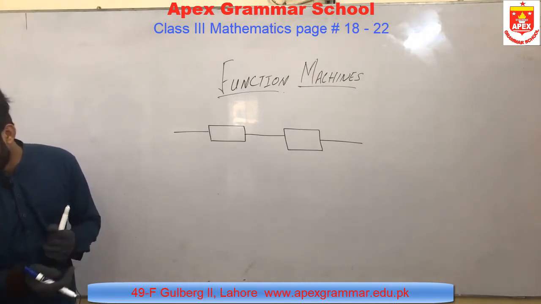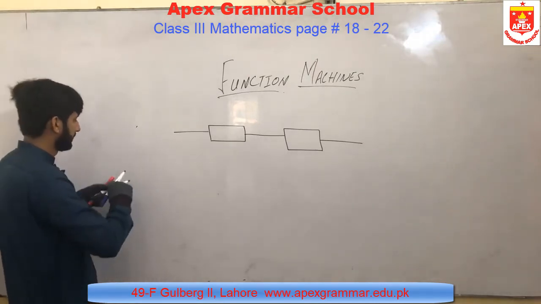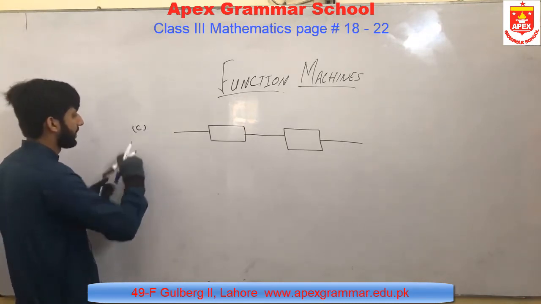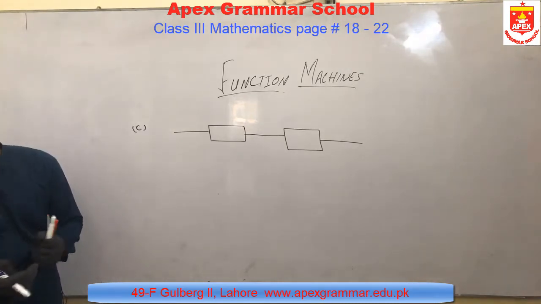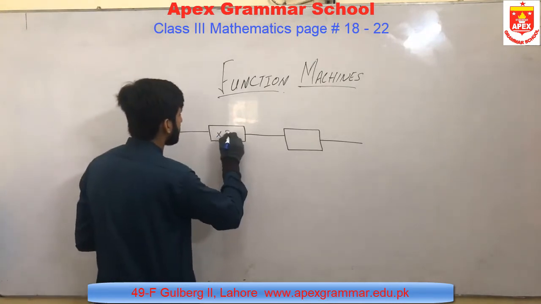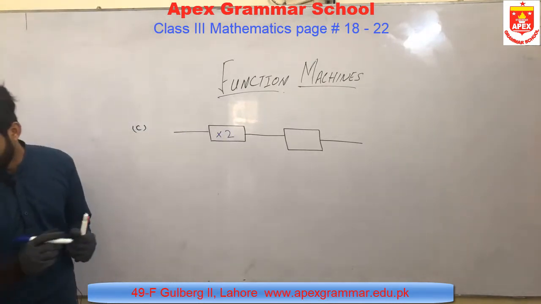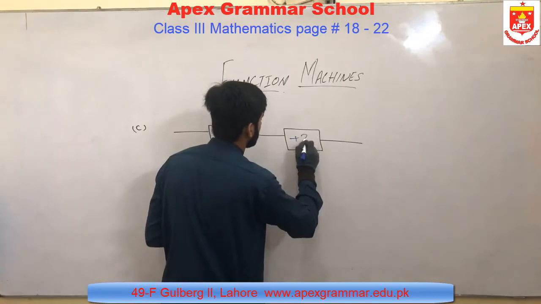Now I am going to solve part C for you. C part. The first function in this function machine is multiply by 2 and the second function is plus 3.